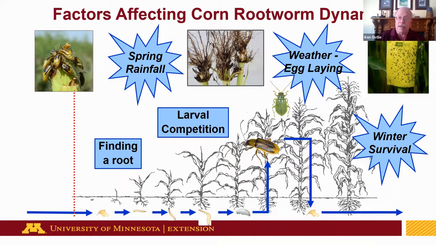And then we got good conditions for pupation. So basically, everything last year was working in corn rootworm's favor. So it's not surprising that there were a lot more beetles observed in sticky traps and by people out monitoring fields. That set us up with another nice situation for egg laying, and the question is what we are going to encounter this spring.